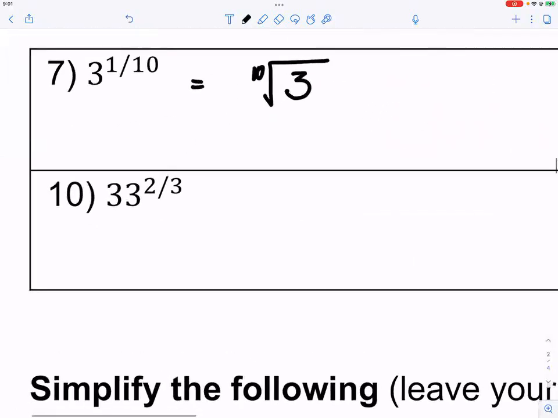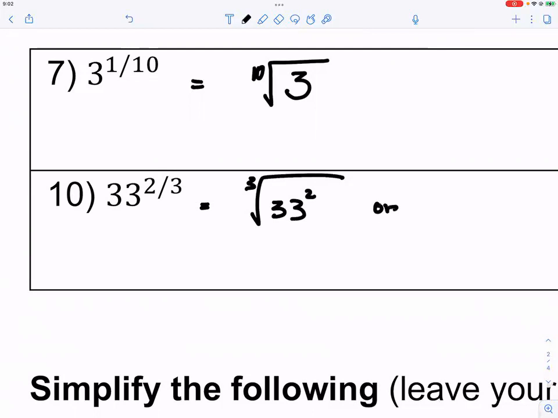What about 33 to the 2/3 power? Well, we have a 33 squared, and then we cube root it. Okay, that's actually one way of writing it.